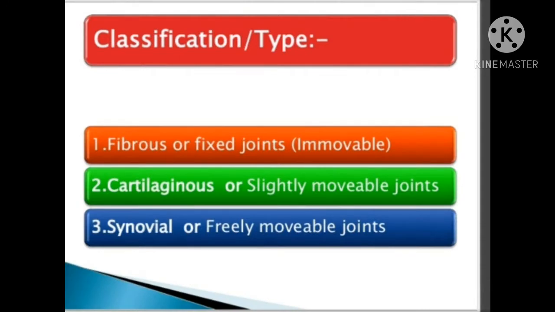Types of joints. Classification or types of joints. Depending upon the movement of our body parts, these are classified into three types: fibrous or fixed joint, also called immovable joints; second, cartilaginous or slightly movable joints; and third, synovial or freely movable joints.